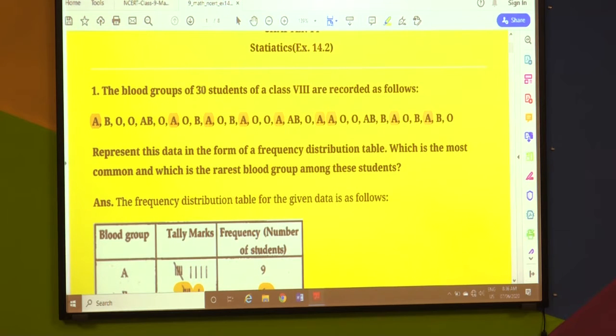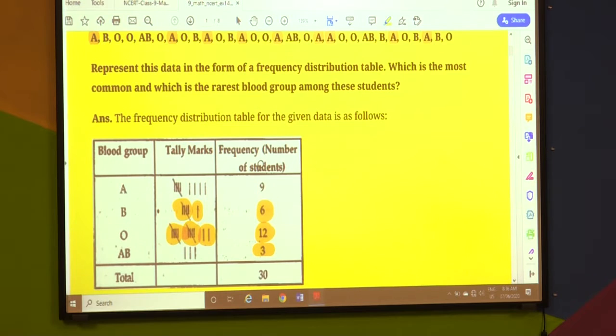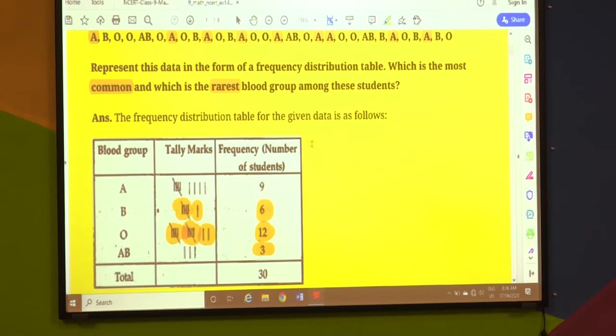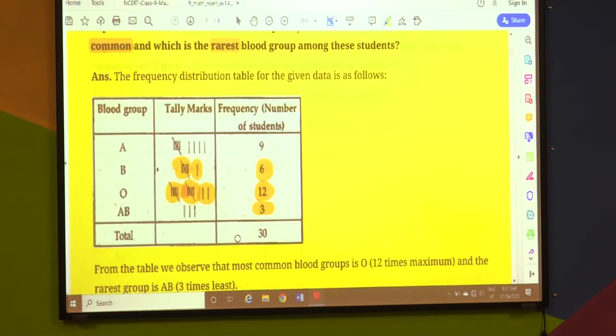If you remember, it is the blood group of 30 students. So, now a question which has been asked to us, which is the most common and which is the rarest? Now, 12 of the students are having blood group O, that will be the maximum, and 3 of them are having the blood group AB, they are the minimum, the least value.